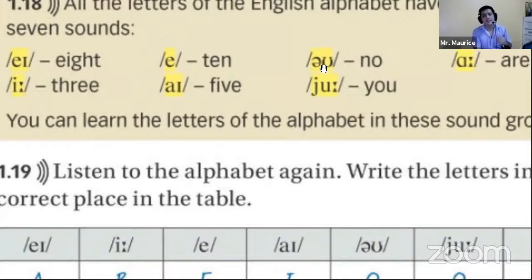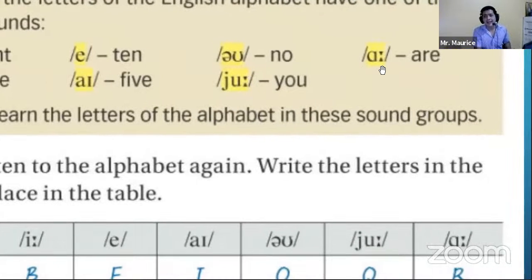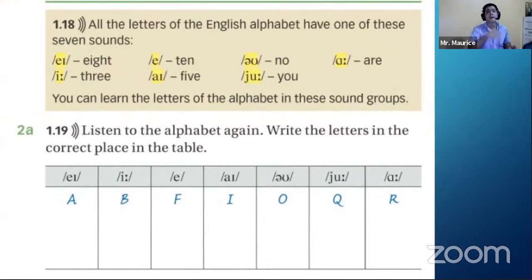Then we have this word, no, como en la palabra no. And then we have you. And the last one, we have R. So these are the 7 sounds that we can find in the English alphabet.